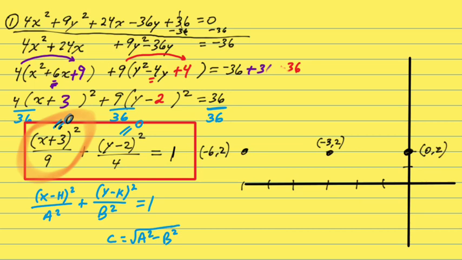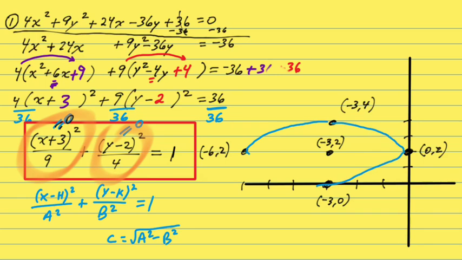How far in the y direction do I go? What's the square root of 4? 2. So I'd go 2 down and 2 up. So that would be negative 3 if I went 2 up from 2. And negative 3, 0, I think. And my actual ellipse is going to look like this.